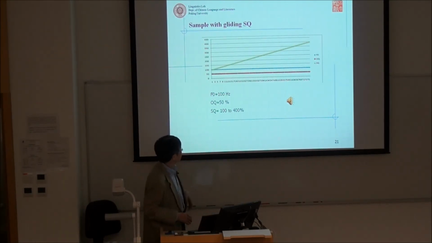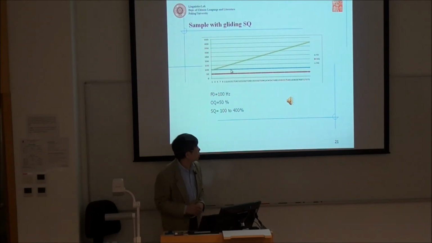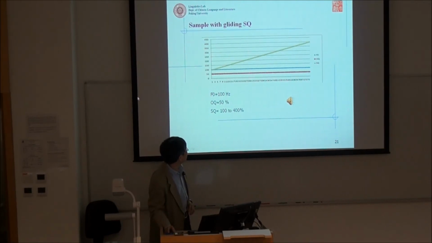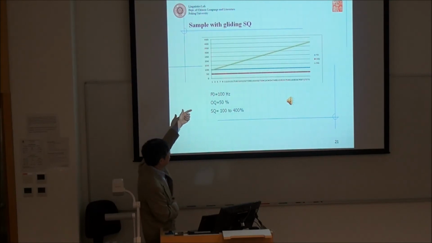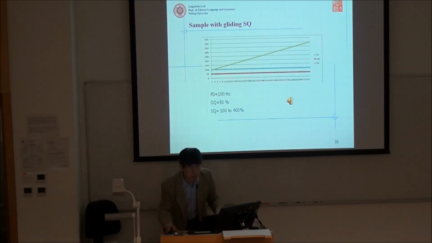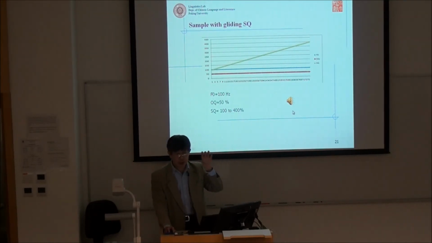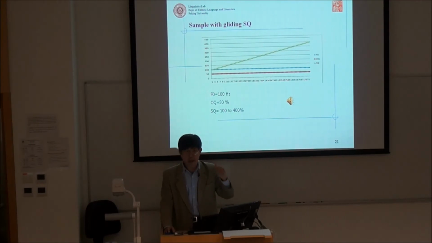Here you see the blue one is F0, the red parameter is open quotient, and the green one is speed quotient. From here we can see the speed quotient increased very quickly. Now listen to the sound. So the change you heard is the speed quotient.